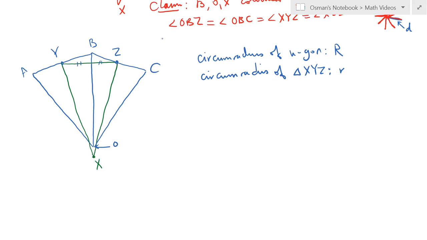But because XB is the diameter of a circle with diameter 2 little r, the distance between O and X at this particular moment, where Y and Z are symmetric with respect to OB, that little d, will be equal to 2r, obviously. 2r is the diameter of the circle through XYZ.